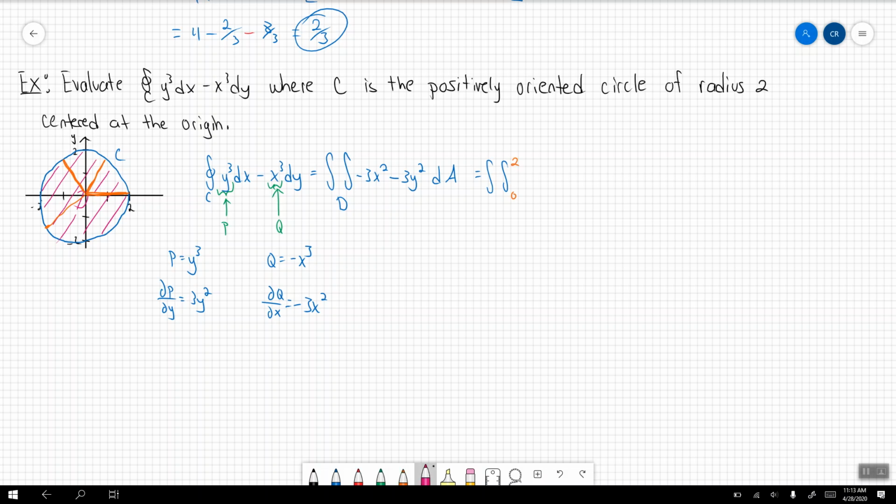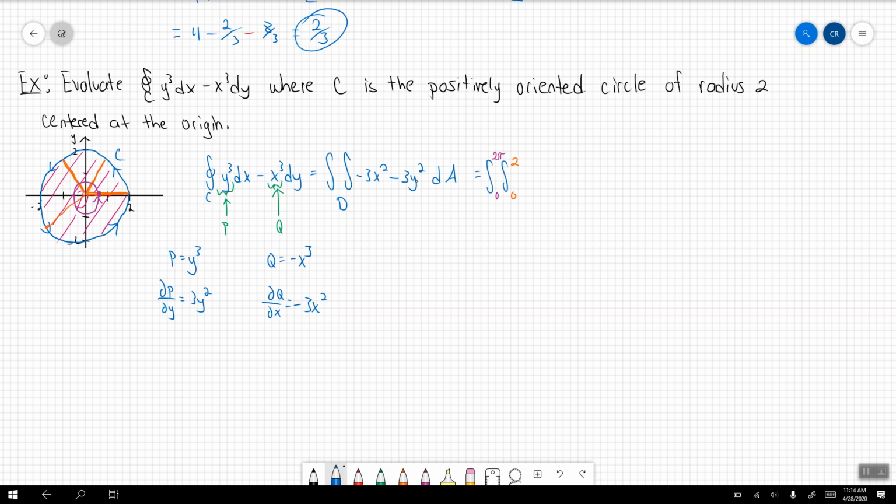Now, what angle measurements are we traversing? The angles start at the positive x-axis and move around in a counterclockwise direction, which means we go from 0 to 2 pi. And again, positive orientation would mean that we're moving in this particular direction. So we just have to be very careful with that.